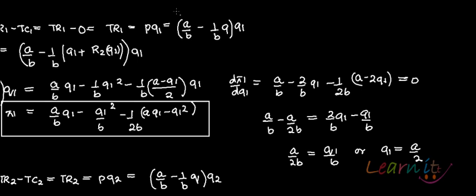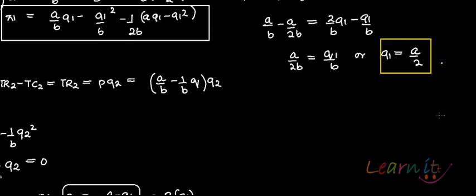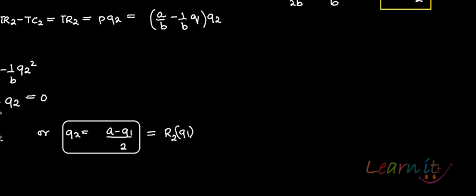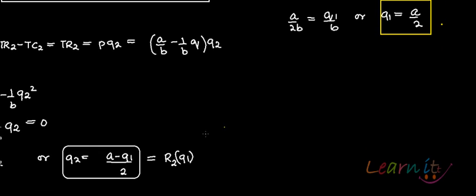Fine. Now what you have got is Q1 equals A by 2. Now you will substitute this Q1 into what Q2 was. What you found as Q2 was A minus Q1 by 2.